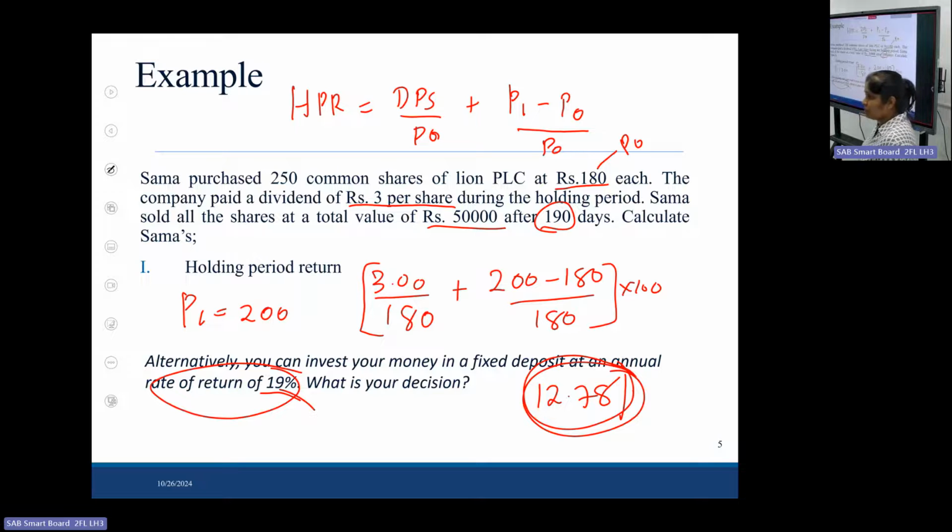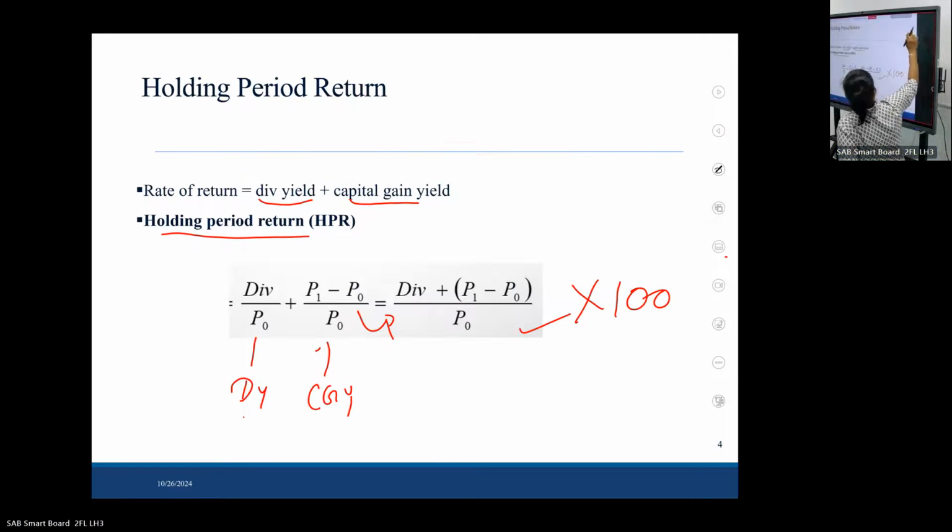So if you want to compare these investments, you have to annualize this holding period return. How?